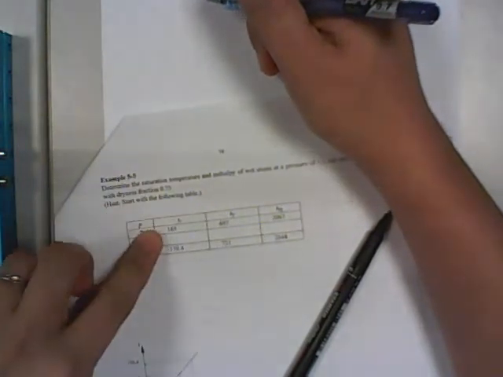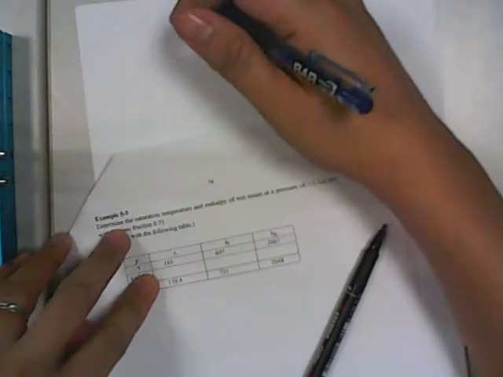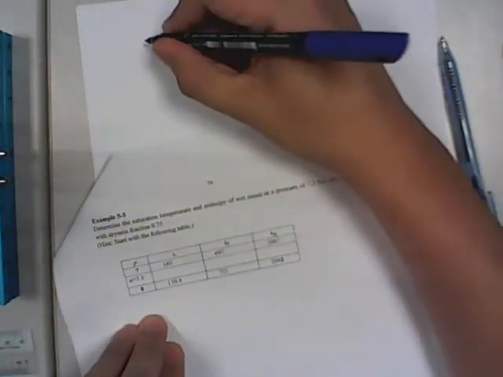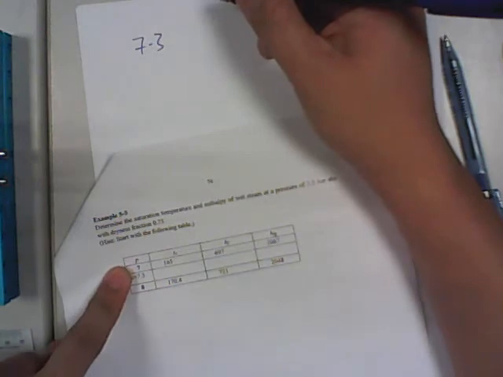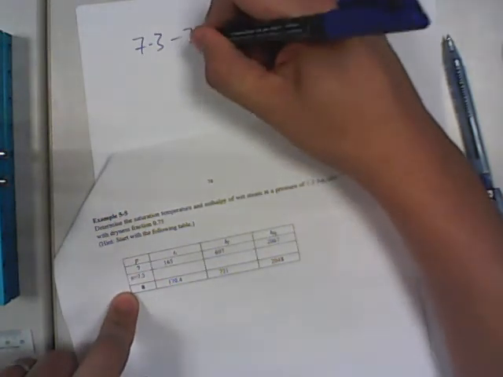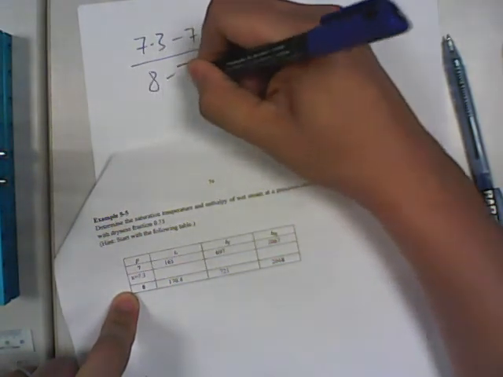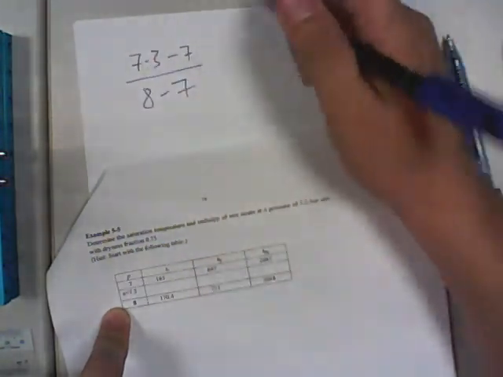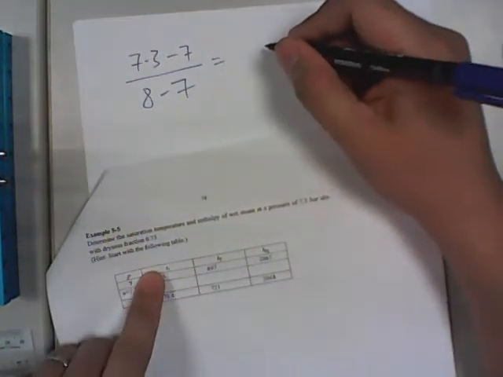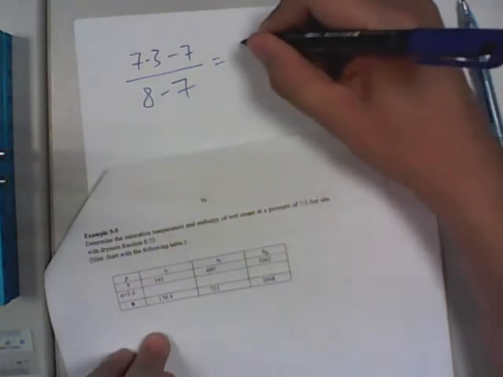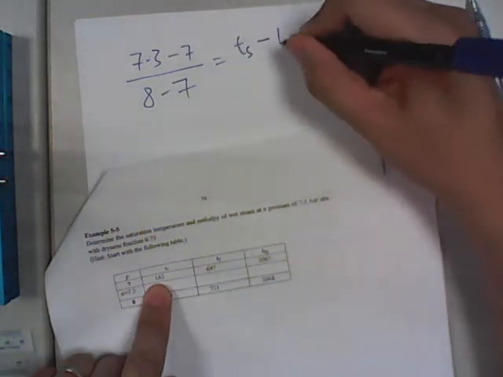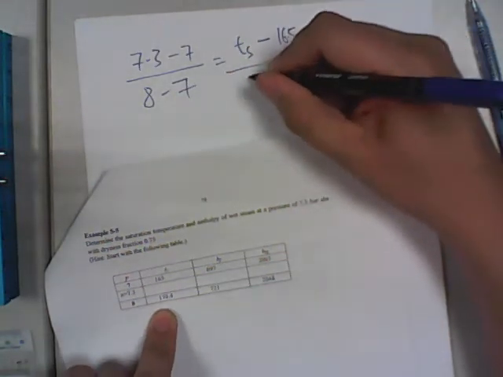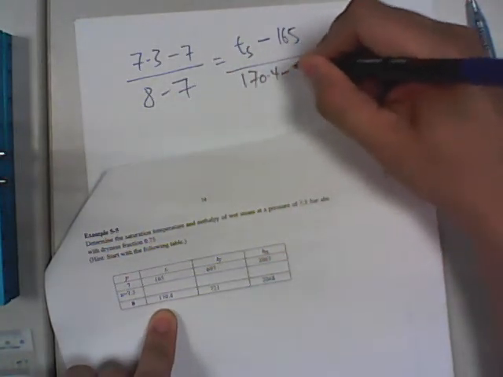Saturation temperature is what you want to find out, and pressure is what you have. So pressure is X, which is 7.3. Let's make point 0.1 be 7 bar, point 0.2 be 8 bar. Y is temperature, what you want to find. Point 0.1 is 165, point 0.2 is 170.4.